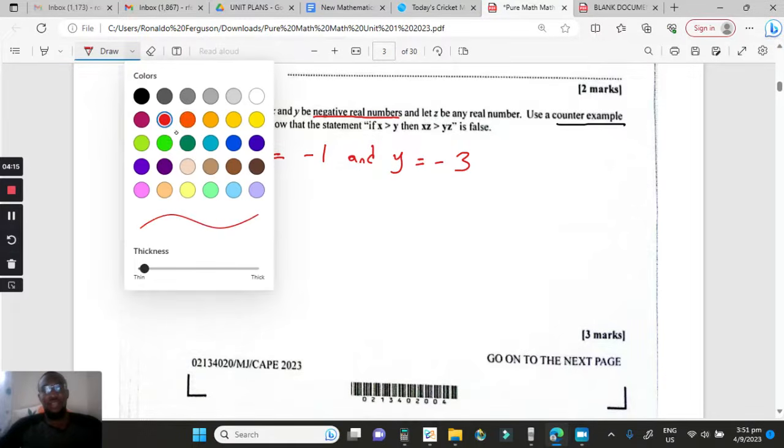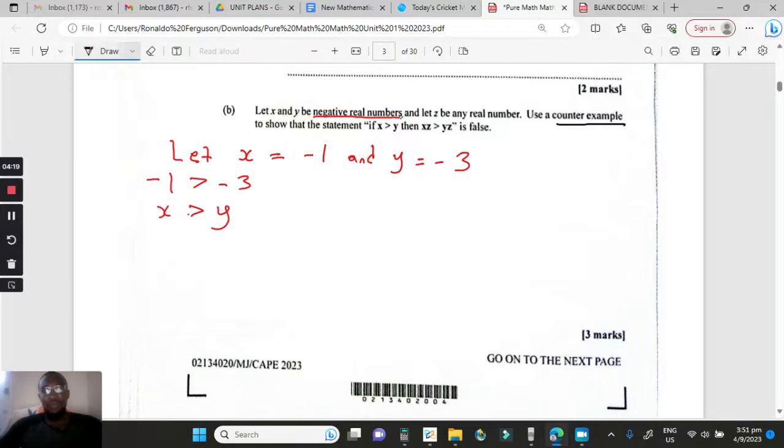Now, z can be any real number. So look at this now. Let z be equal to even negative 4. If z is negative 4, look at this. x times z is equal to negative 1 times negative 4, which is 4.